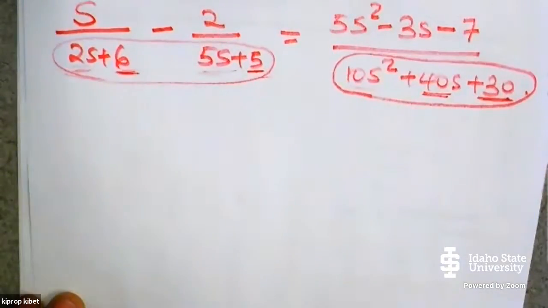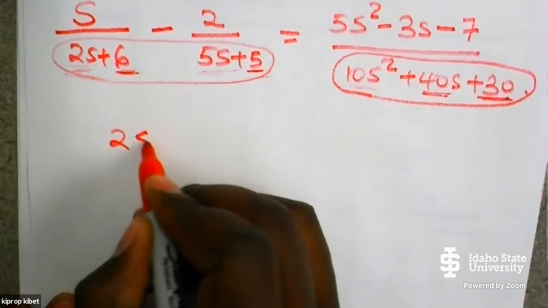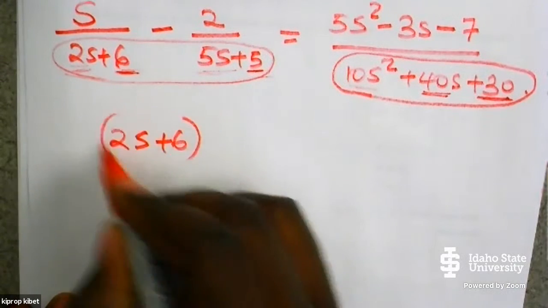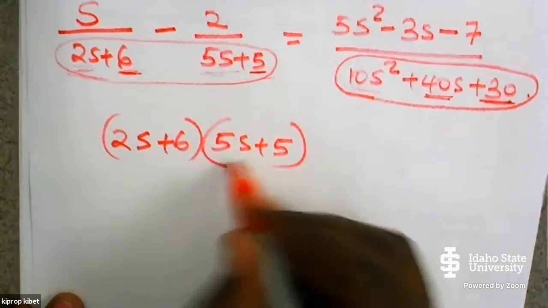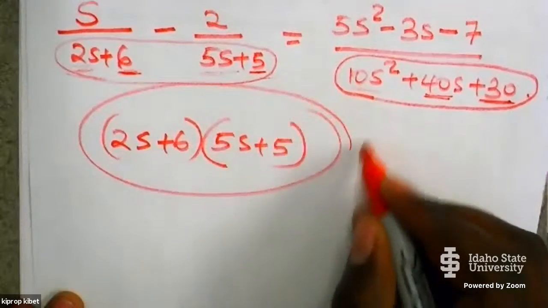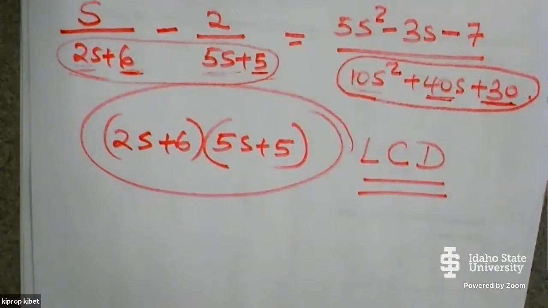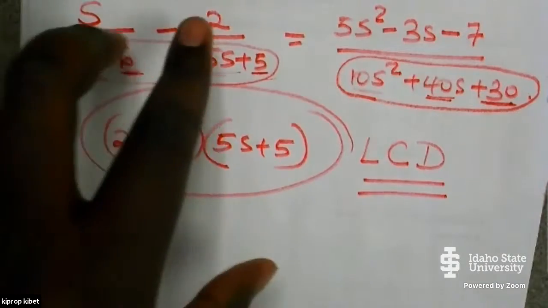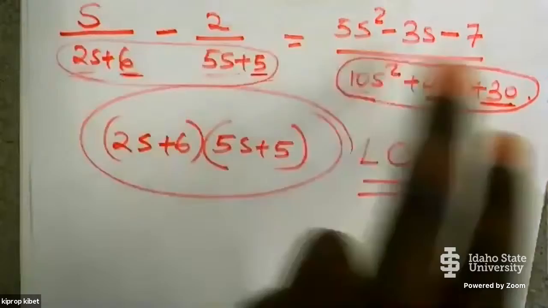Therefore, the factors of this one are now 2s plus 6 and 5s plus 5, and this will be our LCD. So we now multiply our LCD, which is this one, in the equation.